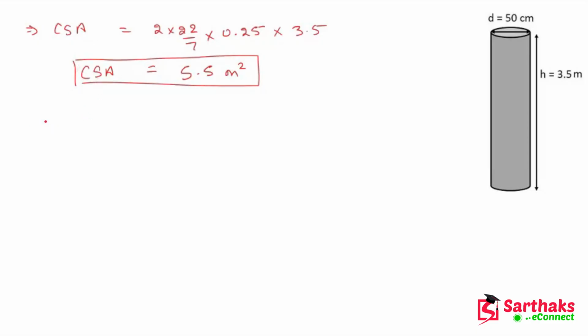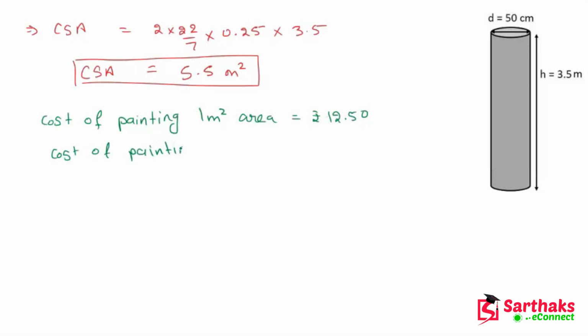Now the cost of painting 1 meter square area is equal to rupees 12.50. Since we have the cost of painting for 1 meter square area, we can easily find the cost of painting for 5.5 meter square area, so we have to multiply.